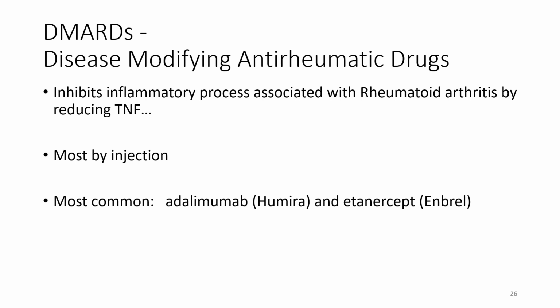Okay, and if you remember, I talked about tumor necrosis factor and how patients who have those autoimmune disorders have a higher level of that particular TNF circulating. Okay, so DMARDs are typically given to reduce that TNF. Okay, and so by reducing the TNF, we're reducing that inflammatory process.